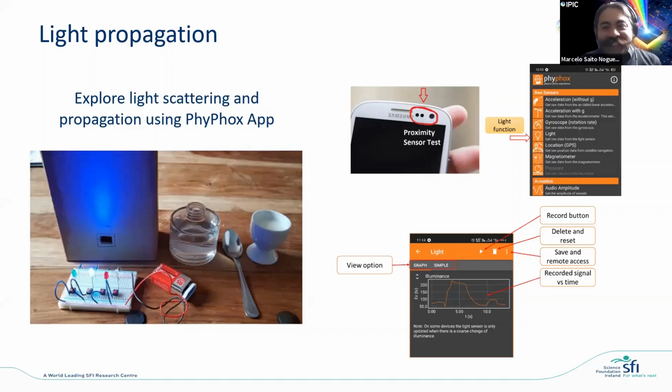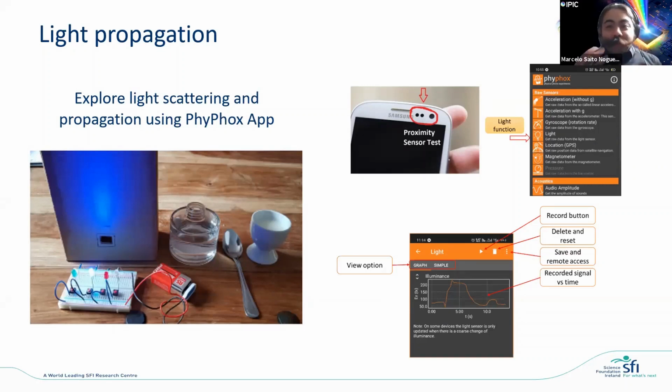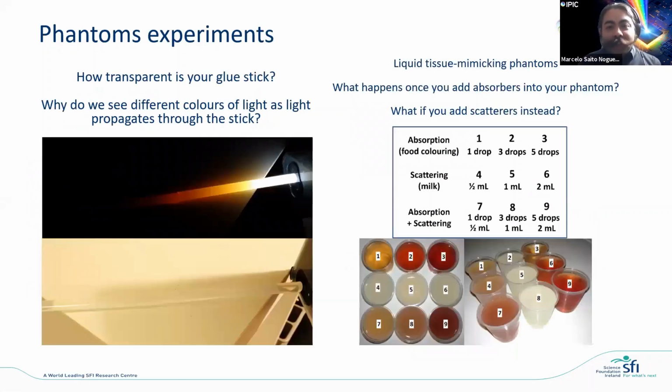That's perfect, Kasia. Thank you so much for the very good explanation on the LED circuit experiments. Actually, even using the Phyphox app, you can look at the light intensity in very different configurations. You can look at reflectance measurements, transmitted light, and so on. So please really explore that.